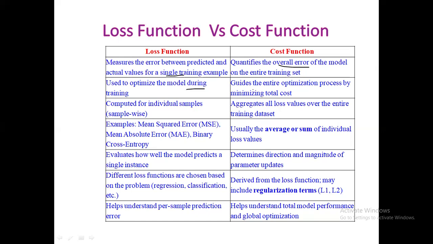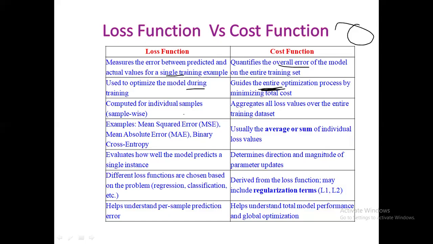Whereas the cost function, however, is what the optimizer uses to guide the entire training process. This is a very, very important point in this case. It minimizes the total cost so that the overall error across the data set reduces, ensuring global learning rather than simple sample learning. Global, the entire model will be trained here.